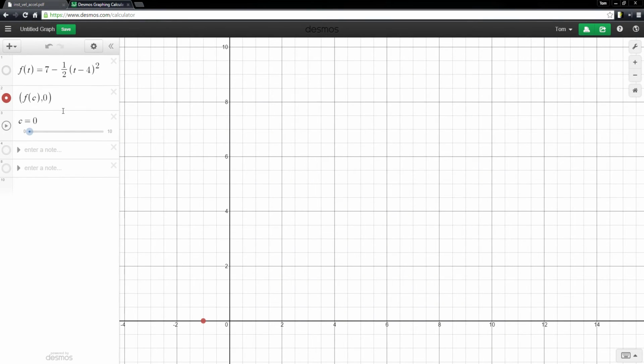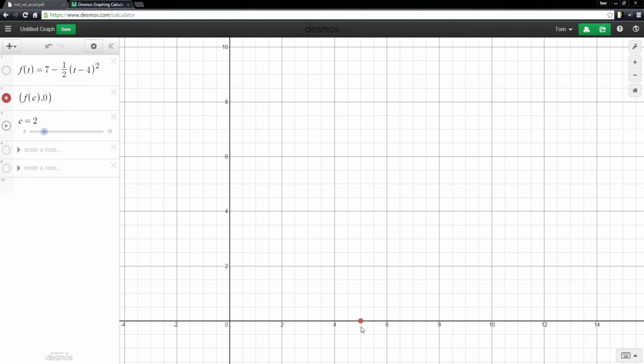All right, so here we are in Desmos, and I have the grid on, but here's the particle right here at time 0. Here I'm using c equals 0, or c for the time instead of the time variable here. So now we can run it, and that's what the motion looks like from 0 to 10. All right, so that's just what we were doing before, and we just got done calculating the average velocity from time 2, right?